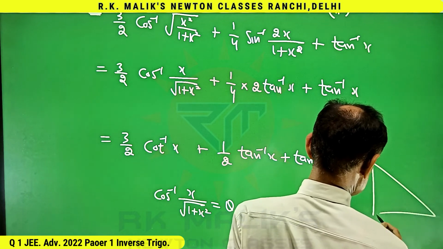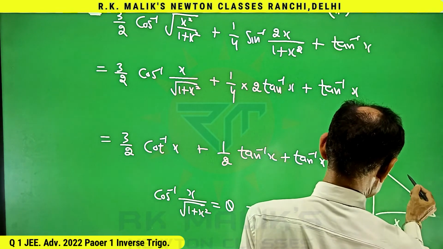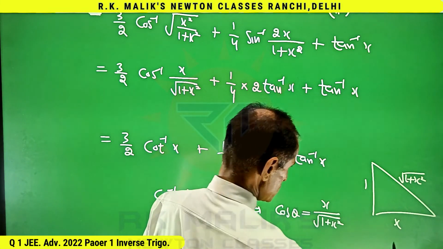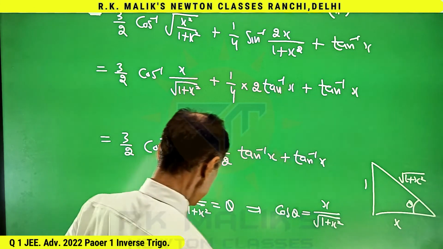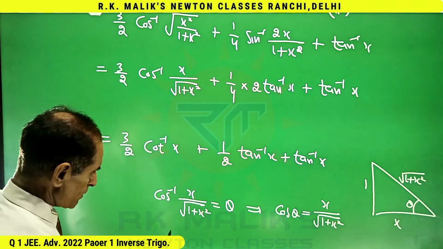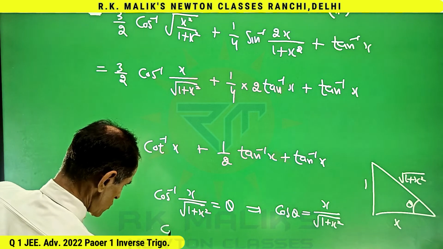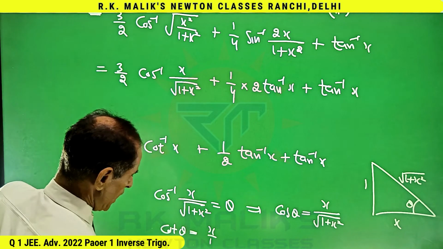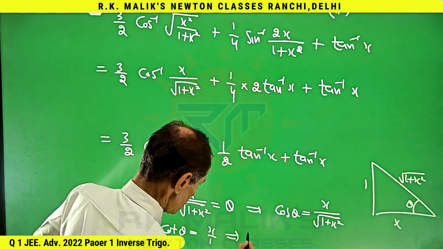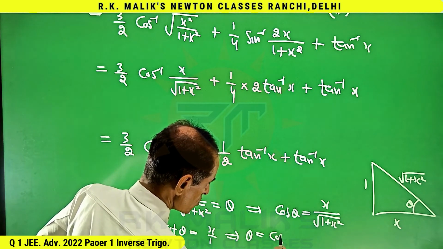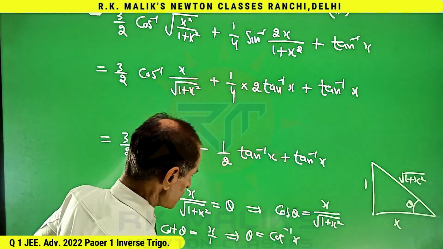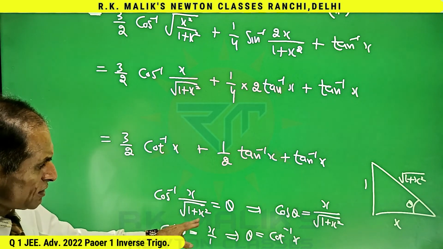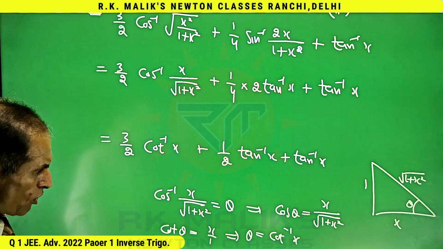Using a triangle, the sides are x and under root 1 plus x square, with hypotenuse under root 1 plus x square and the other side 1. This angle is theta, and from here I can easily say that cot theta is x upon 1, that is theta equals cot inverse x.